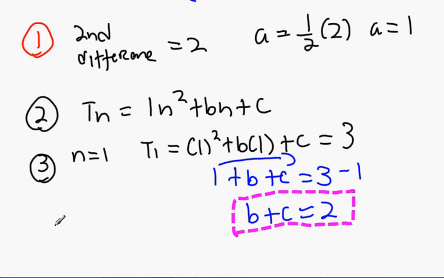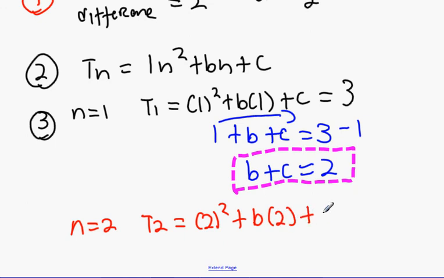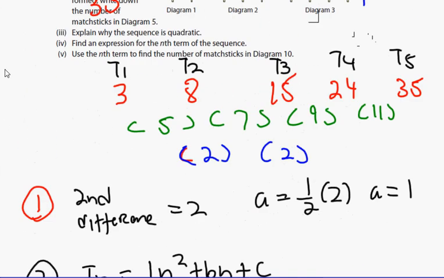Now we have to get the other half. How do I get the other half? n equals 2. t2 equals 2 squared plus b times 2 plus c. What's the second term again? t2 is 8.